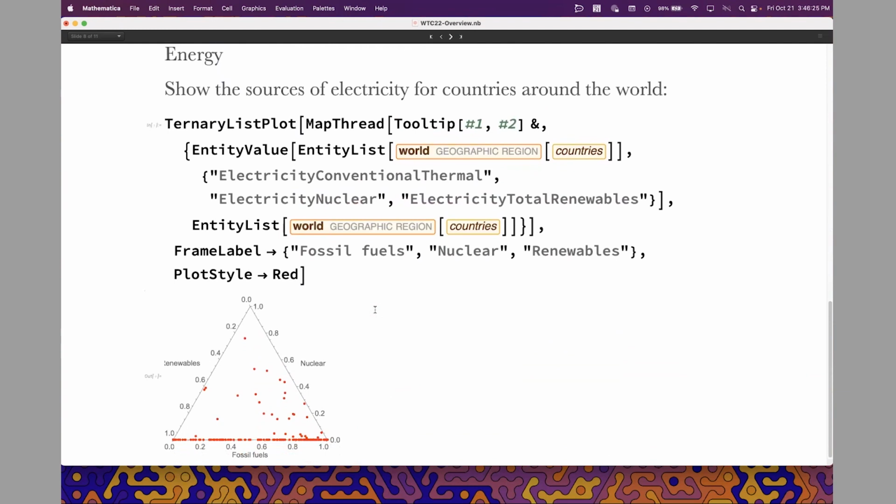We also have, I think, this interesting example showing energy sources for countries around the world. Is it coming from fossil fuels? Is it coming from renewable resources? Is it coming from nuclear? Basically all these countries along the bottom are countries that are not using any nuclear energy for their sources.